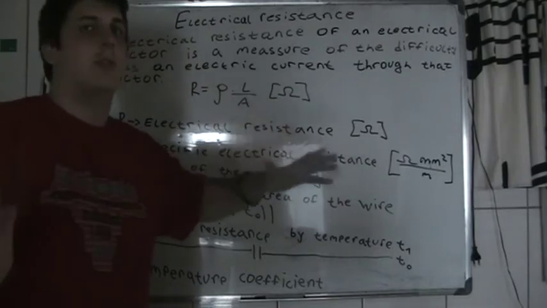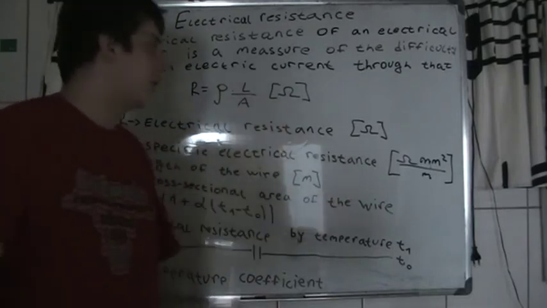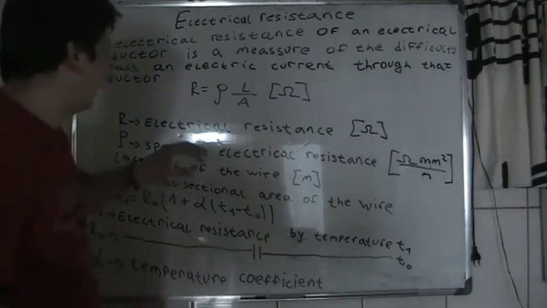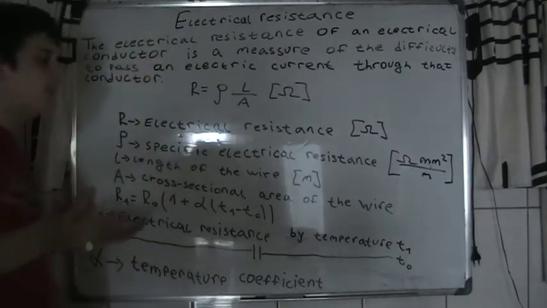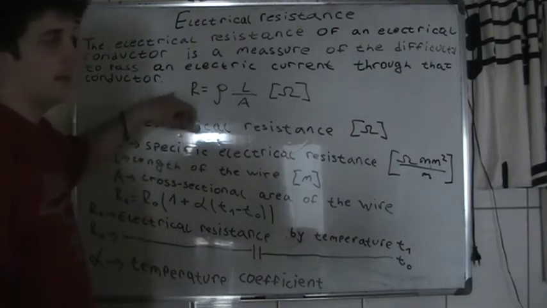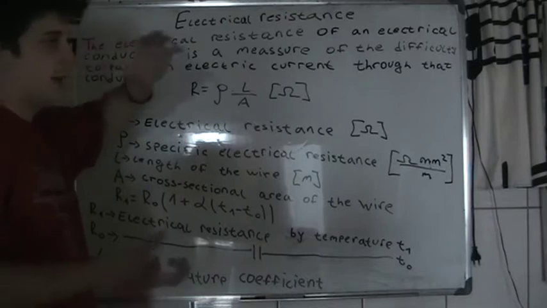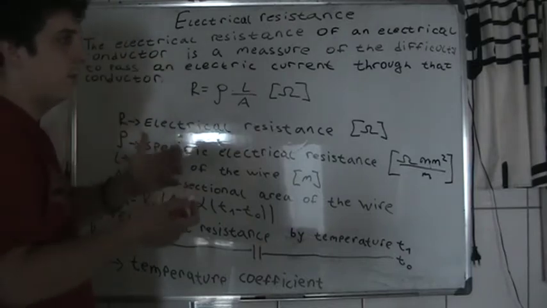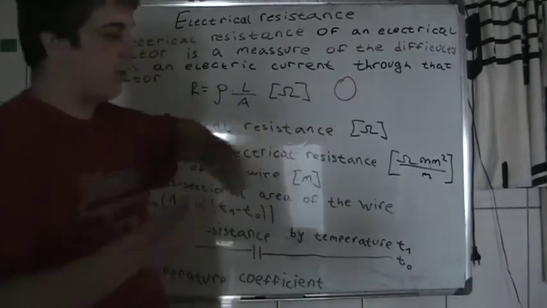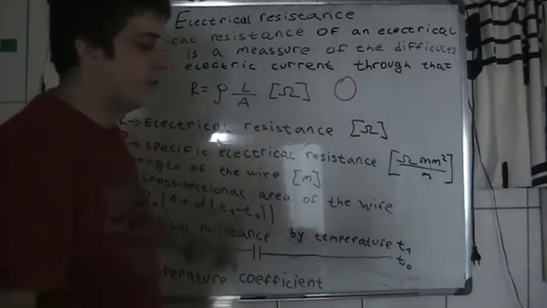So now we're just going to learn about the electrical resistance. And if you have a wider wire, you will have less electrical resistance. So if you have a wider wire, you will have more electrical current flowing through that wire.